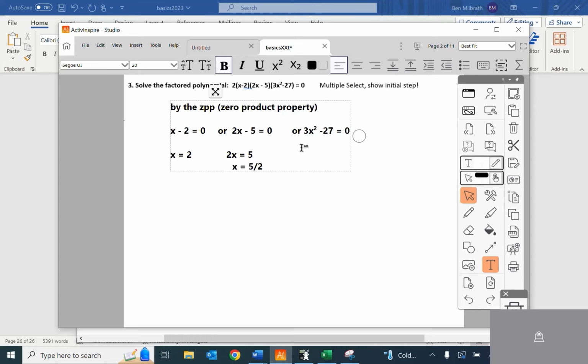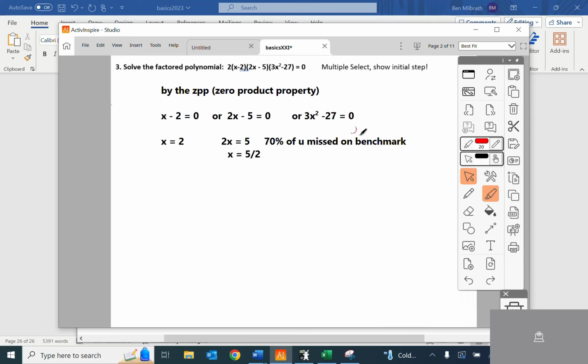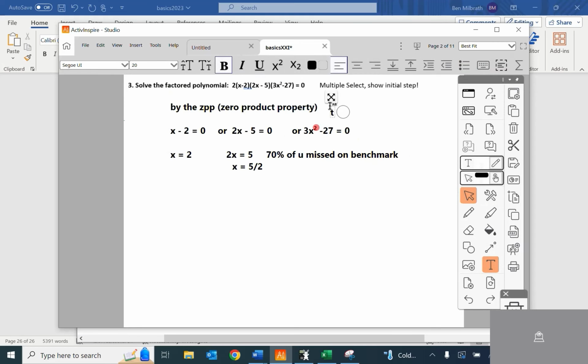And this one, probably 70% of you missed on benchmark. Notice it's an x squared. It has 2 answers. You see that 2? That 2, I don't know how many times I've told you this, but exponent of 2, 2 answers. So let me recopy that down. And if you're thinking the next step is to add 27, you are 100% right.